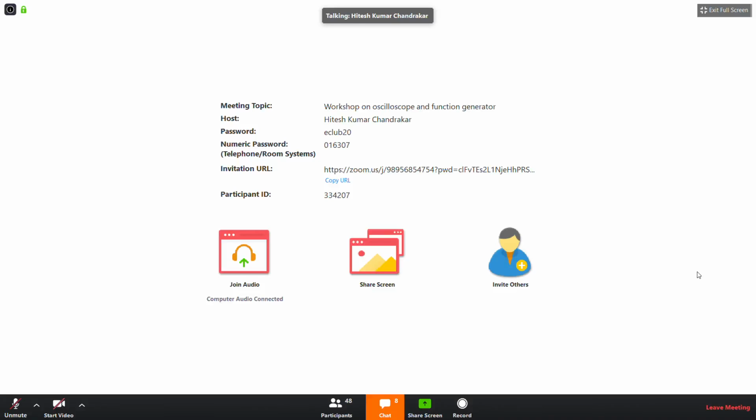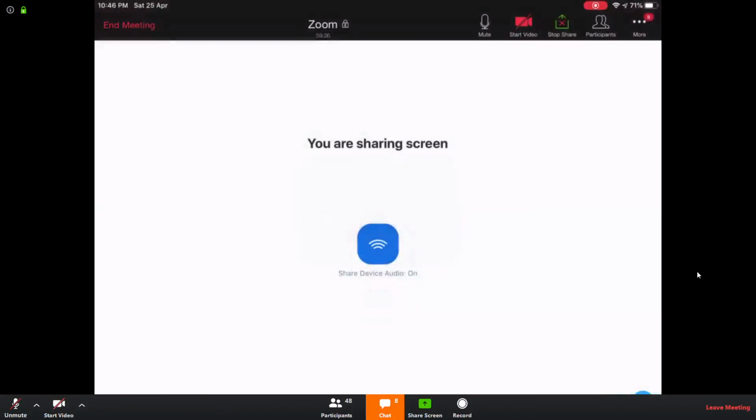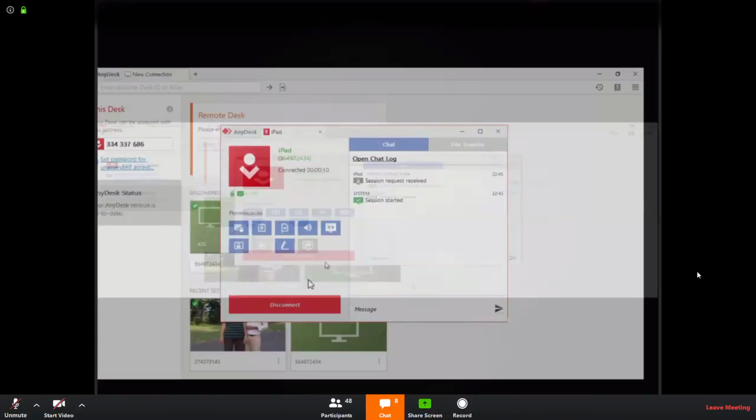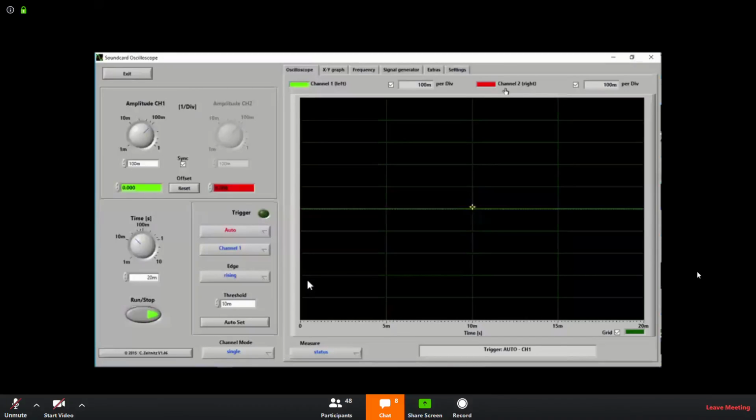I have connected my screen to my laptop, and now I will be showing you the oscilloscope. This is the software interface of our oscilloscope.